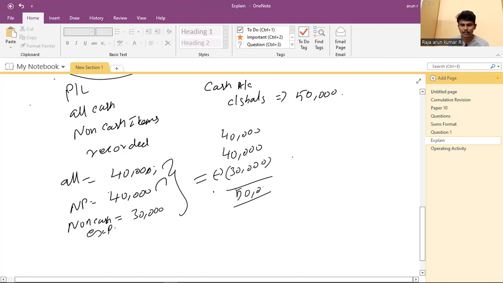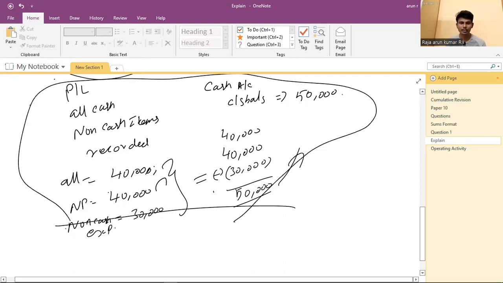Okay, like that we find out the closing cash balance. This is the simple logic I put it and derive the sum. Like that we move to the next level to have some idea about the operating activity in detailed manner.